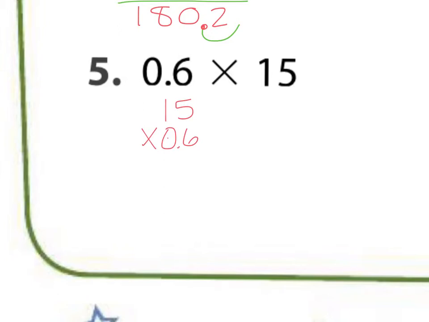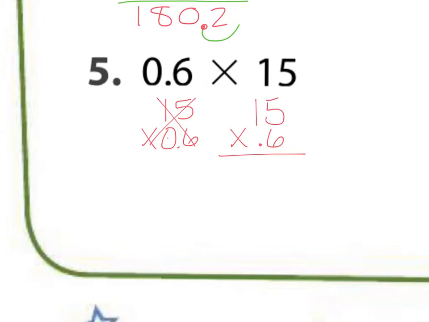It'd be a lot easier to multiply it like this, 15 times 6. Keep your decimal right here, we can always go back and make sure those would be the same, but I'm telling you right now they will be, and it just makes more sense to set it up like this without the 0.